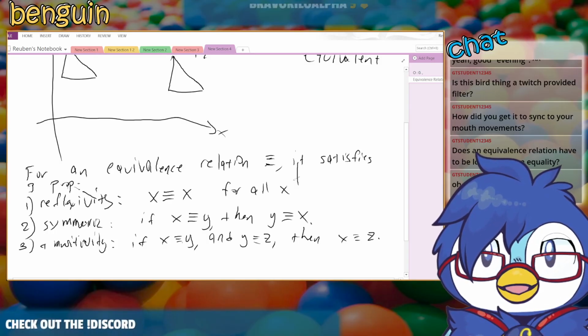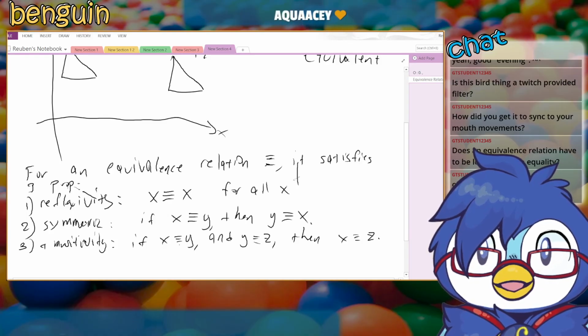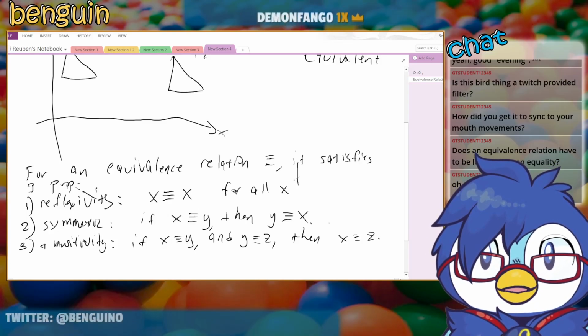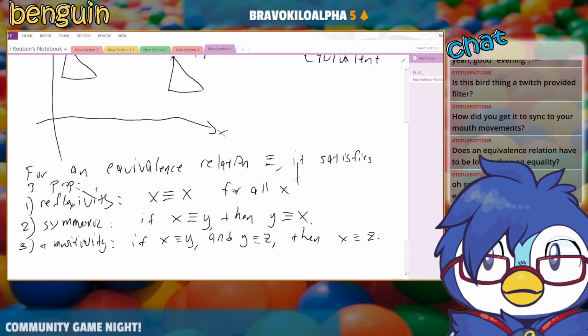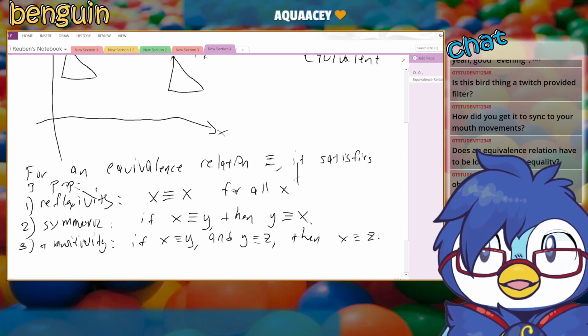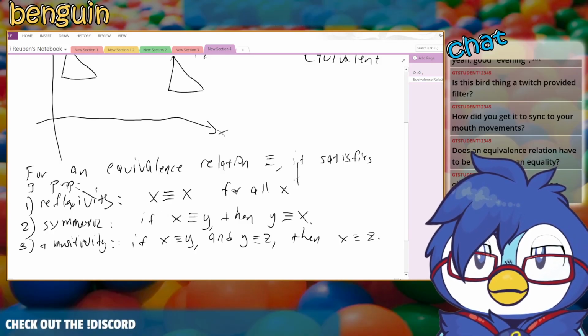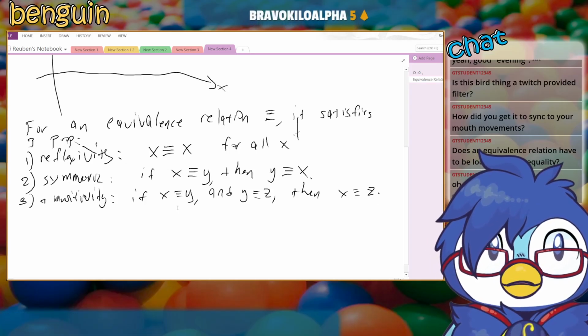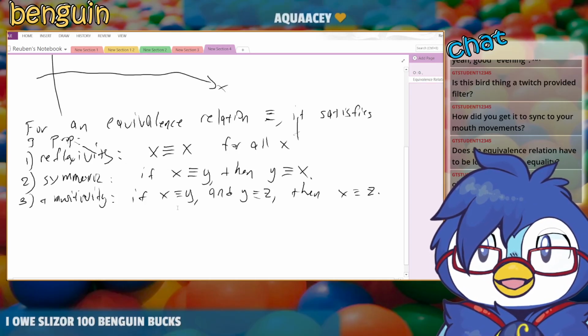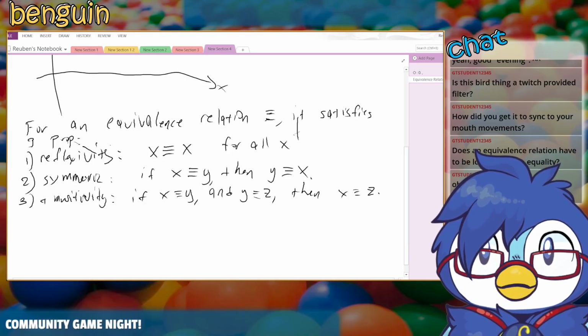This last one is basically saying that, like equality, you can chain together equalities, and the same thing holds with transitivity. These are the three properties of an equivalence relation. What we're going to show is that modular arithmetic satisfies these three properties.